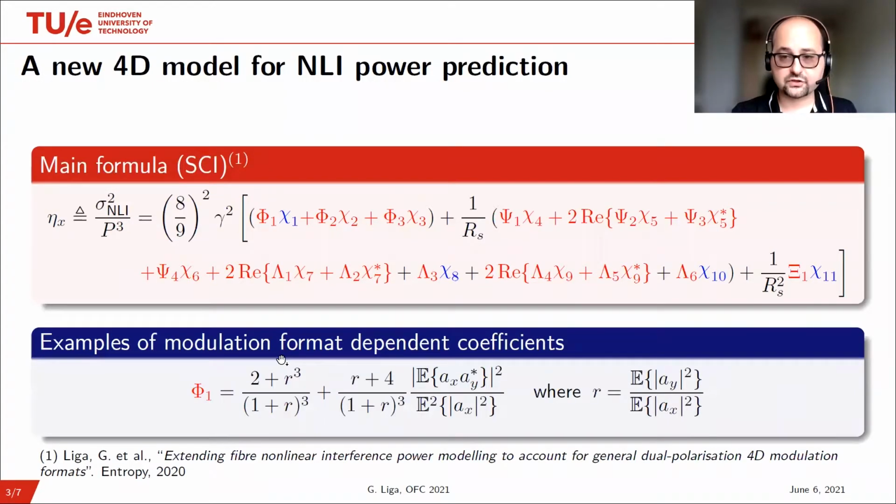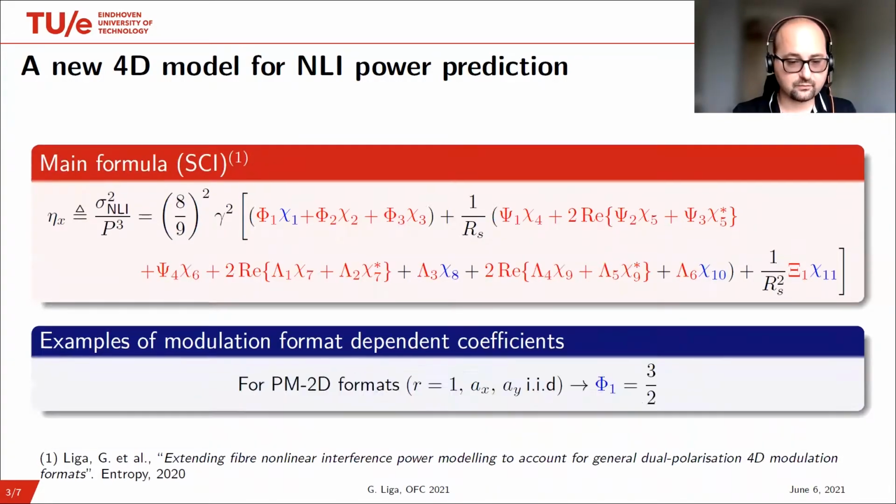An example of such coefficients is this phi1, which in our model is given by this expression, which contains this cross-polarization correlation here. Whenever we use a PM2D, polarization multiplex 2D format, this term simply reduces to a constant 3/2.